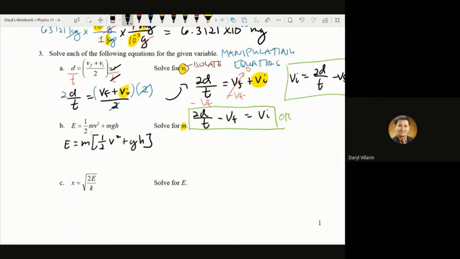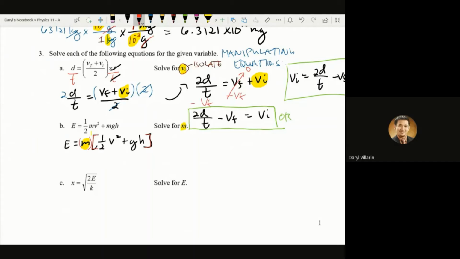so if you can see, again, same thing, I want to isolate my m in this case. So how can I isolate m? Is it not that if there's a way that I can get rid of this whole parenthesis thing, well, that means that I already isolated m. So is it not that these two are factors?